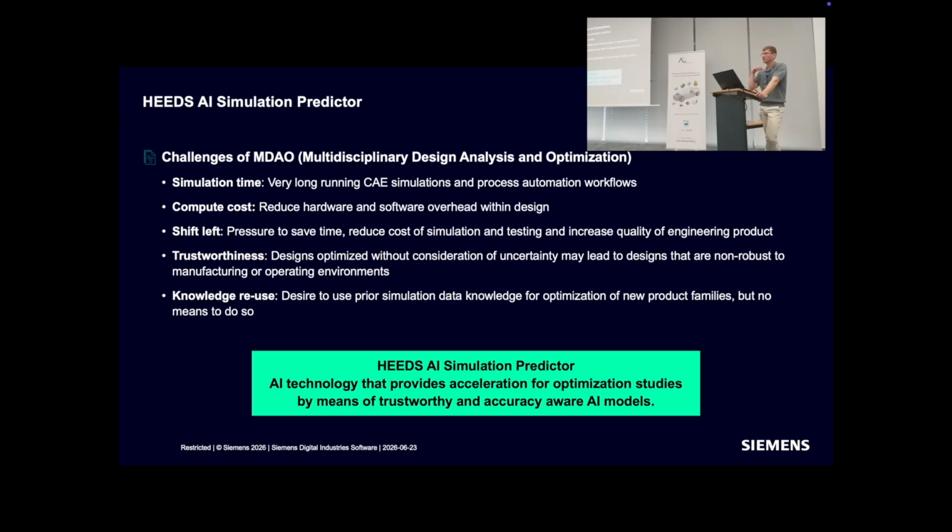And this is where the HIDS AI simulation predictor comes in, which is an AI technology that boosts our optimization studies with trustworthy and accurate AI models. But how does it do so?